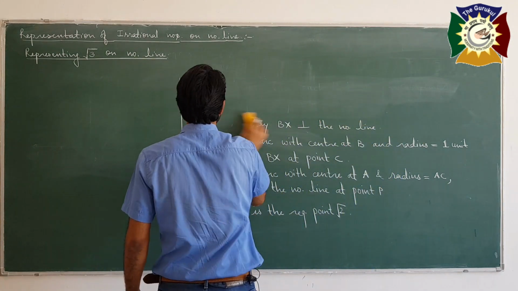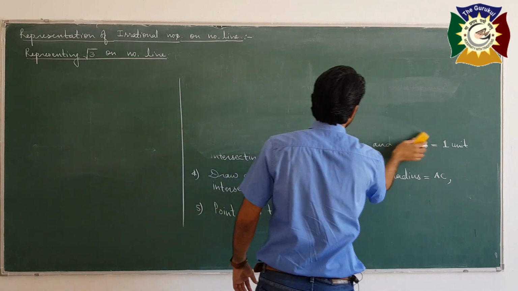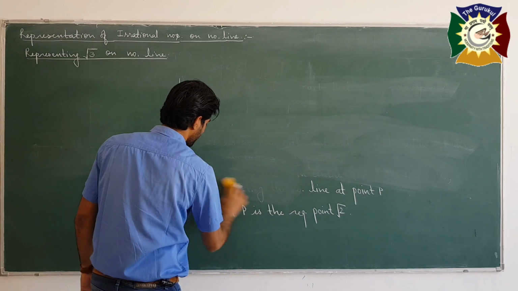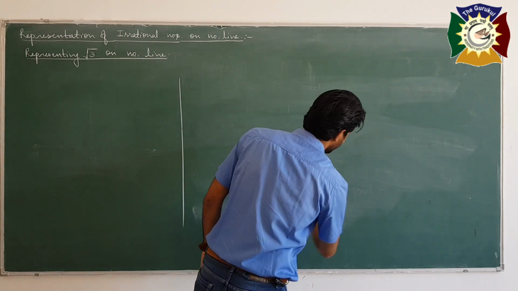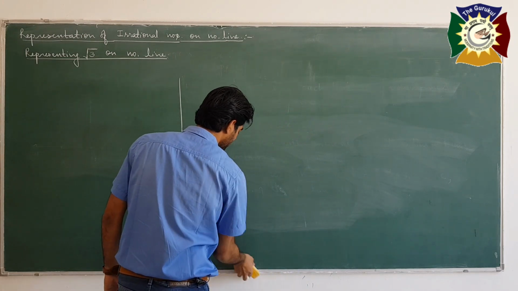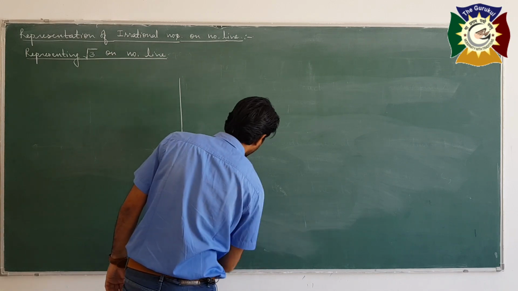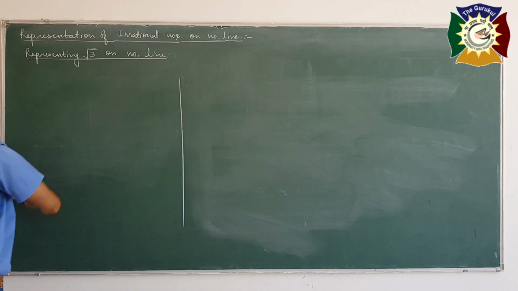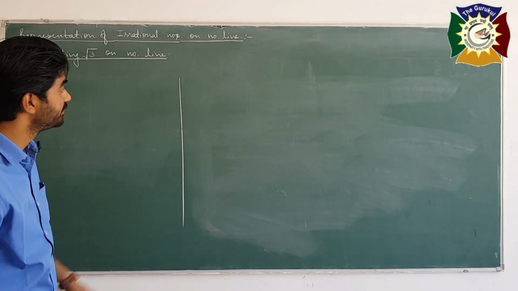Let us see how to represent root 3 on the number line.